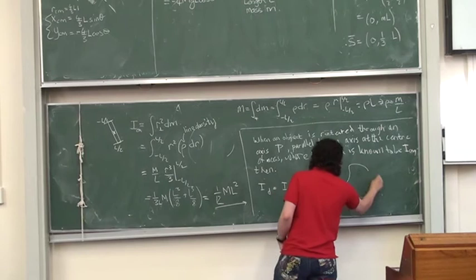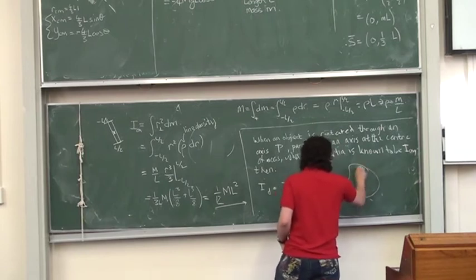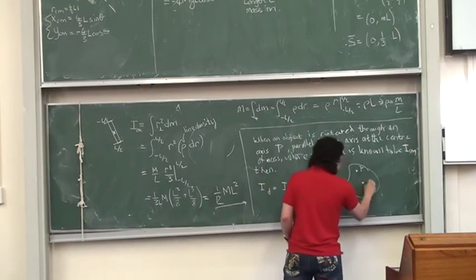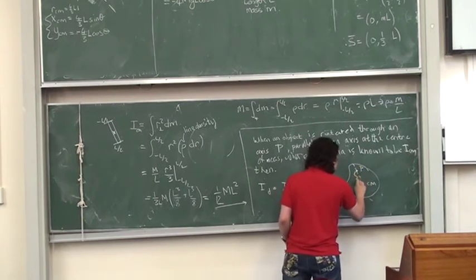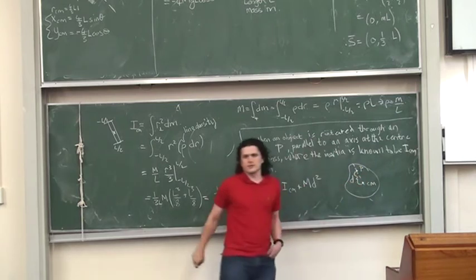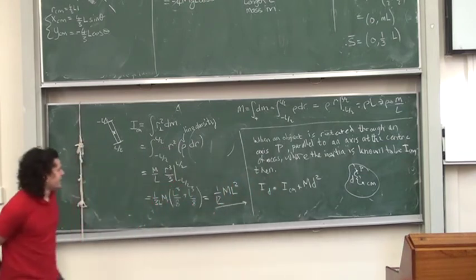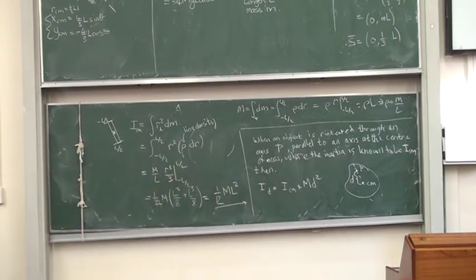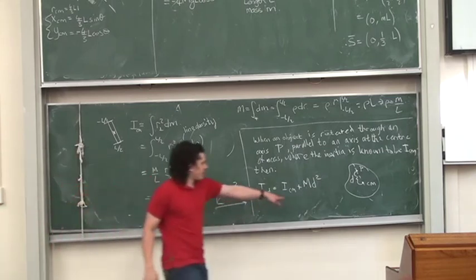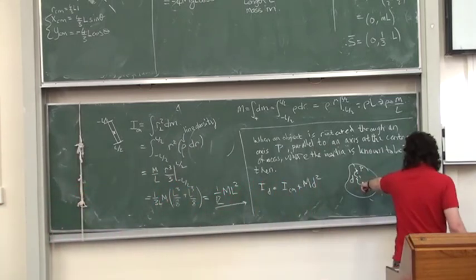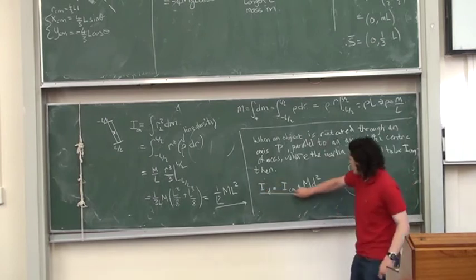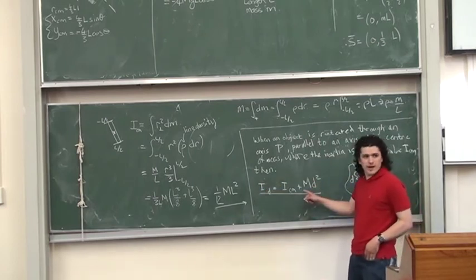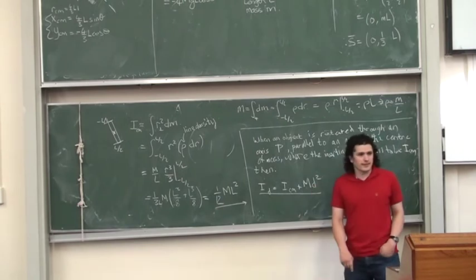If we draw a picture, there's your point P, there's your center of mass. What's the moral of the story here? If I'm shifting my axis parallel to my previous axis and I shift it by a distance d, then the inertia gets shifted by md squared.